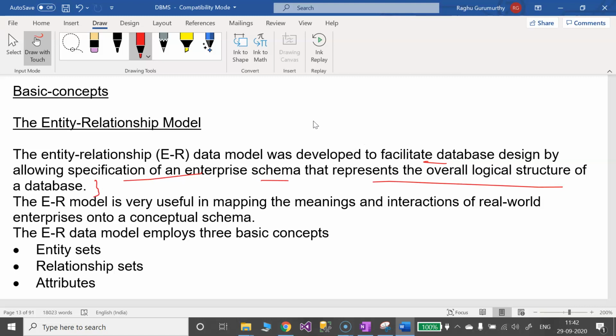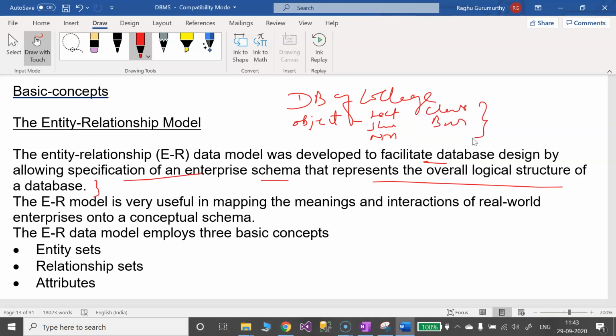Consider we need to develop a database of a college. First, we need to identify the objects in the college. What are the objects? Lecturers, students, non-teaching faculty, classrooms, boards. These are objects, and we can establish a relationship between these objects.